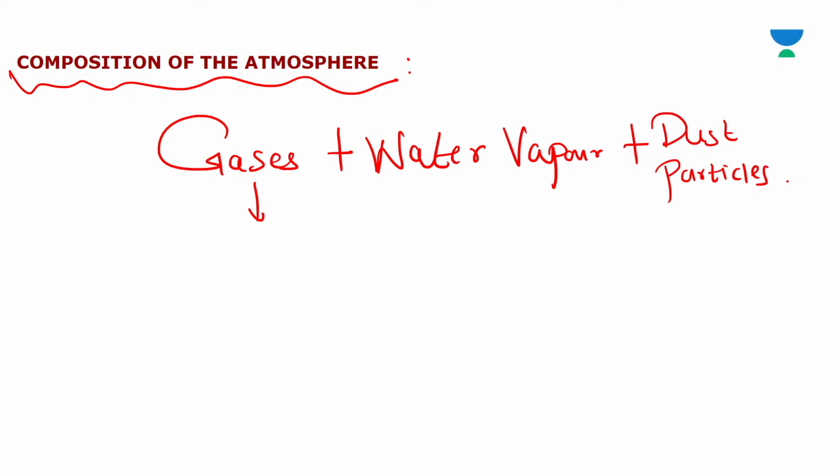Similarly, carbon dioxide and water vapor are found only up to 90 kilometers from the surface of the earth. Now let's discuss gases in detail.